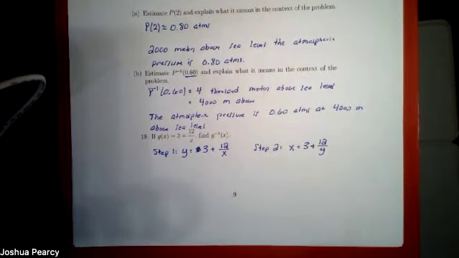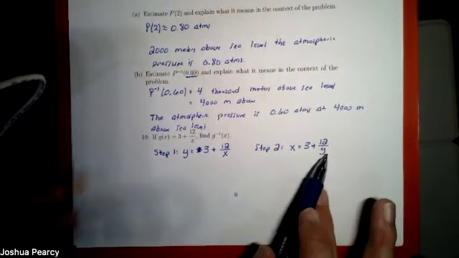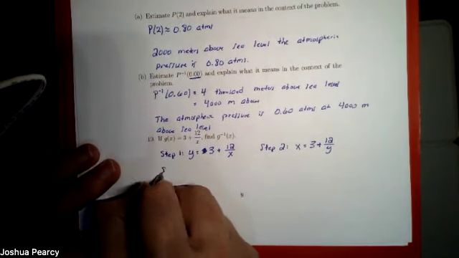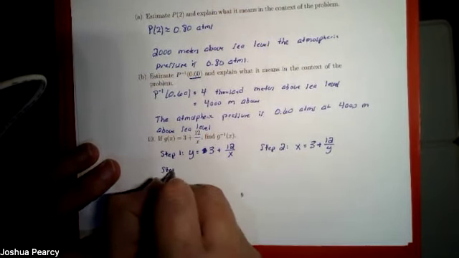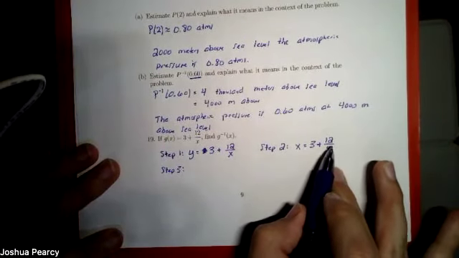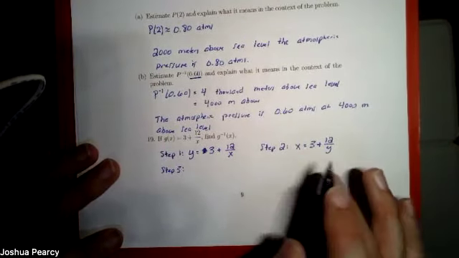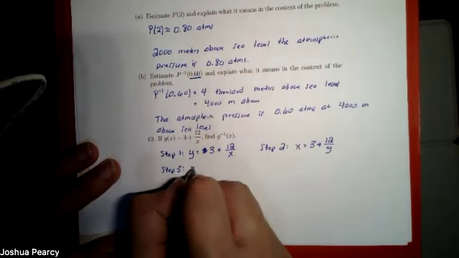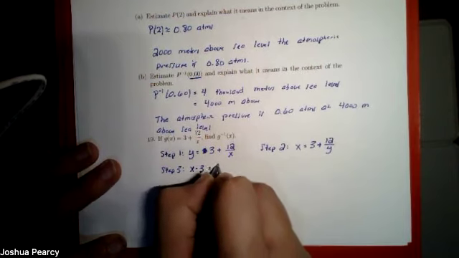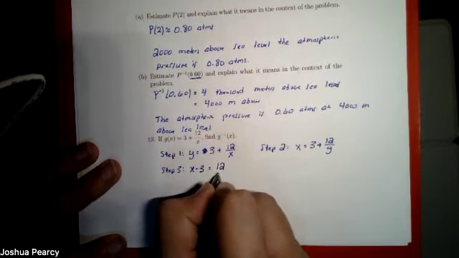Now my third step is to solve for y. So I want to solve for this piece here. Let's subtract 3 from both sides first. So this would say x minus 3 equals 12 over y.